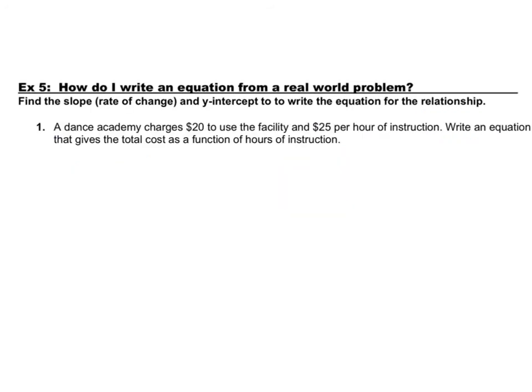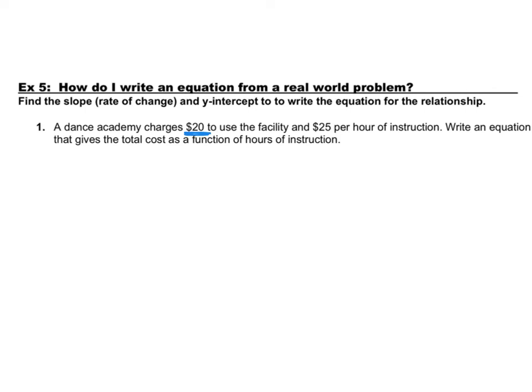All right, our last example, example 5. How do I write an equation from a real-world problem? Find the slope or rate of change and the y-intercept to write the equation for the relationship. A dance academy charges $20 to use the facility and $25 per hour of instruction. Write an equation that gives the total cost as a function of hours of instruction. So we have $20 to use the facility. So it doesn't matter how many hours we're going to use it, we're going to pay the initial $20.